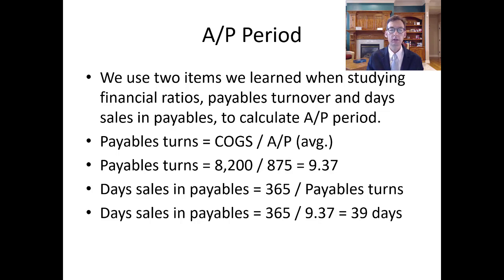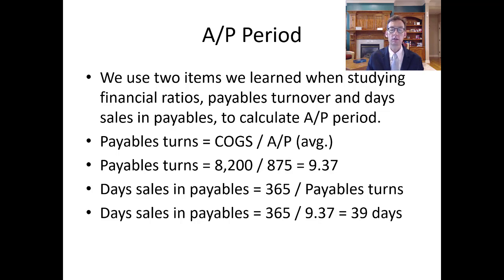Now, why are we back to using cost of goods sold? Because, once again, these things are both recorded at cost. If we are buying something for $8 and selling it for $10, it's going to show up in both the cost of goods sold and the accounts payable for $8. And so this is a fair apples to apples comparison.